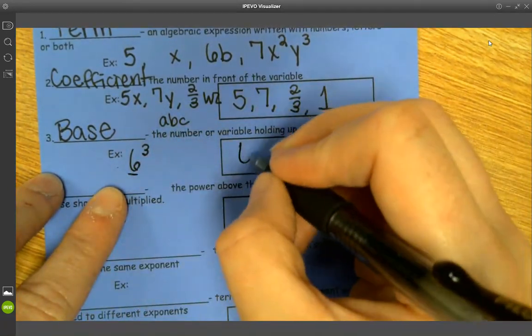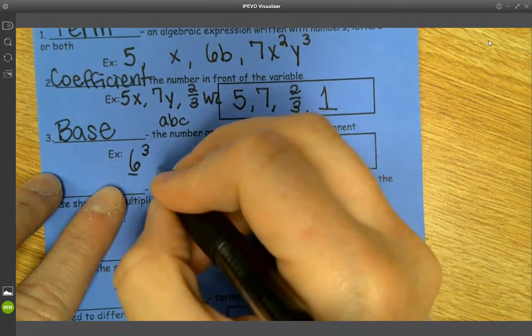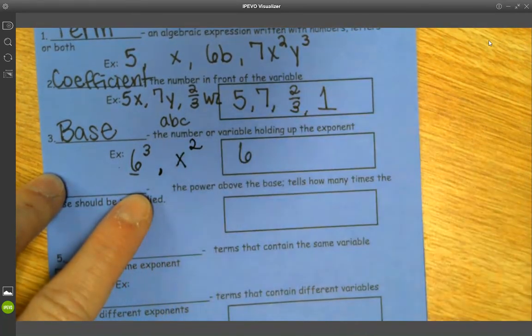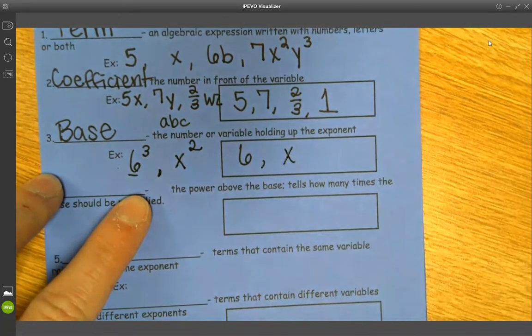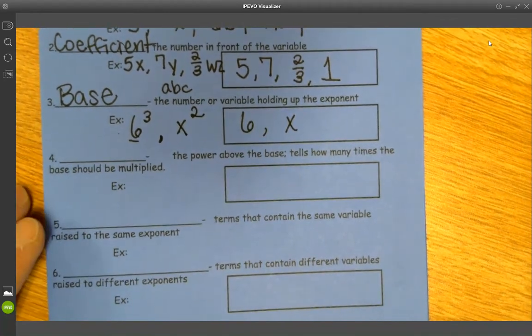So 6 would be the base. Another one, I'm going to put a comma and put x squared. It would just be x. Those are your bases.